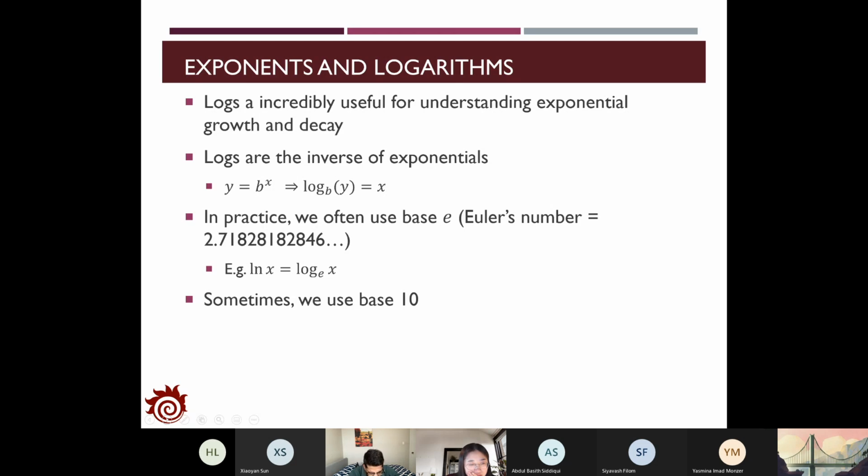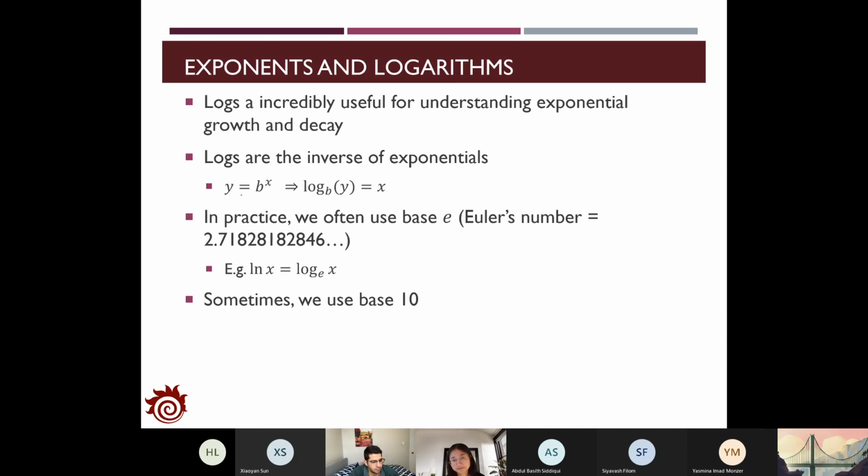So we use log functions a lot, and with that we need to think about how we are going to do calculus with log functions. Also, in math, log functions are very useful for understanding exponential growth and decay. It's the opposite of the exponential function.